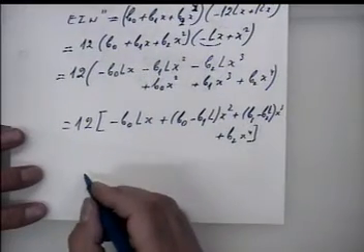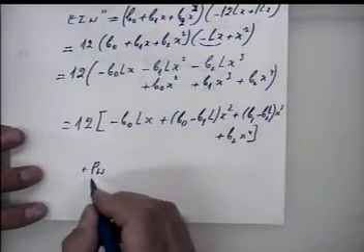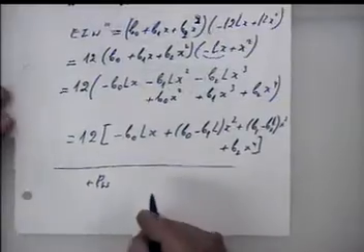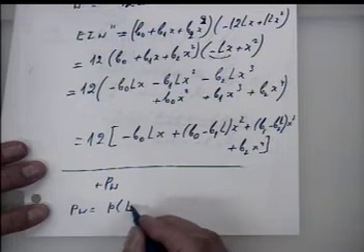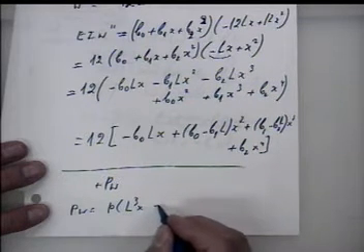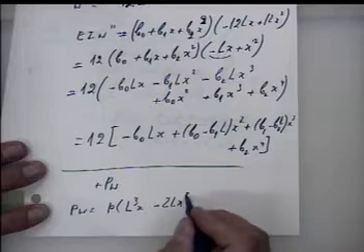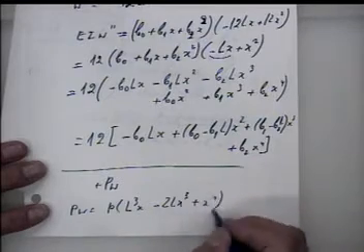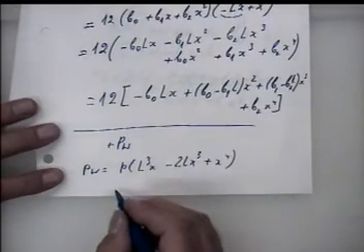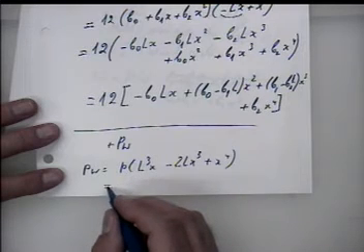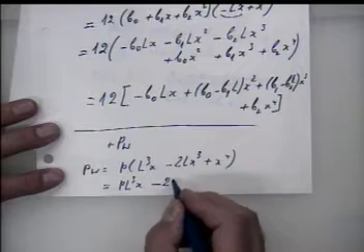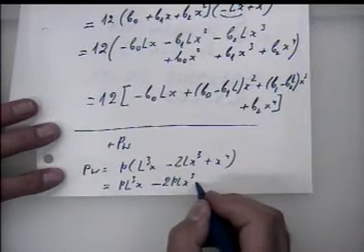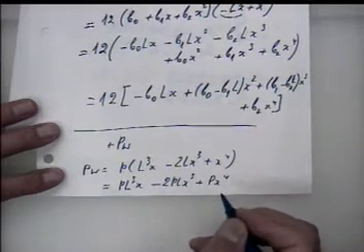Now I want to add to this plus PW. What is PW? W is here. So PW equals P times L cube x minus 2LX cube plus x in fourth power. So this equals just PL cube x minus 2PLX cube plus PX in fourth power.